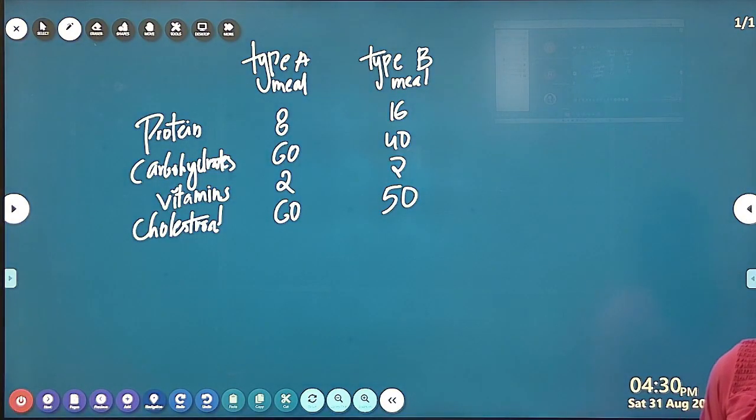So note this table. Write down this. So type A meal and type B meal, these are the proteins available. Protein, carbohydrates, vitamins. Finished?